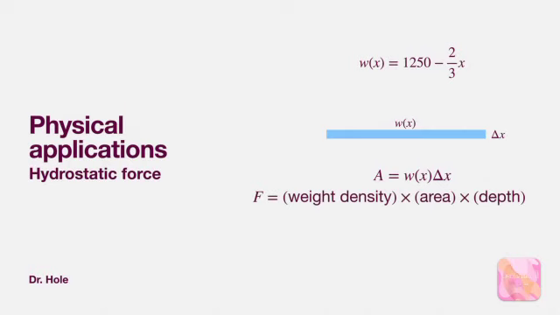Then we can look at the force exerted on this strip. The force would be the weight density of the water, times the area, and then times the depth. So let's bring all those in. The weight density is rho, for the weight density of water. The depth will be x, and the area is w of x delta x.